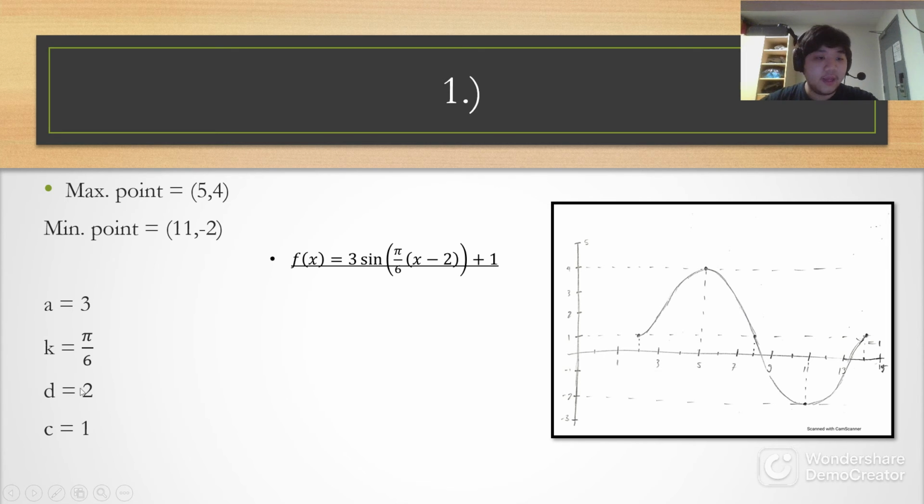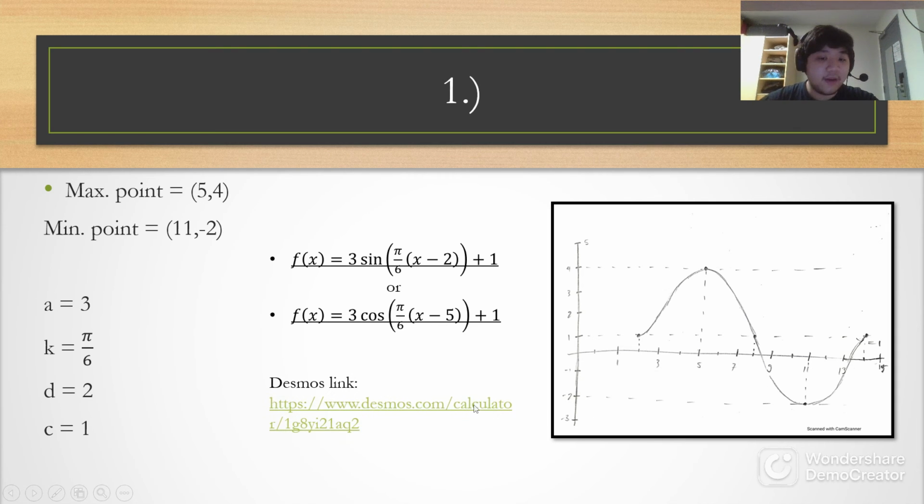So we already know D, and A, K, and C will remain the same. All that's different will be the horizontal shift. So we can have the other function as so. That is f(x) equals 3 cos pi over 6 times x minus 5, plus 1.